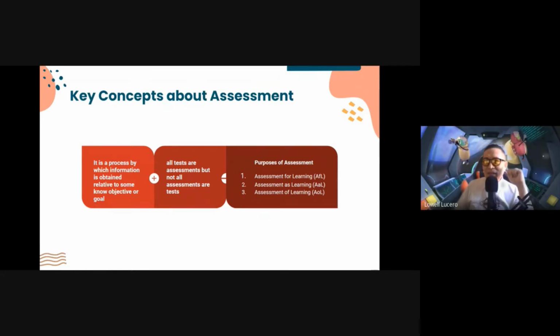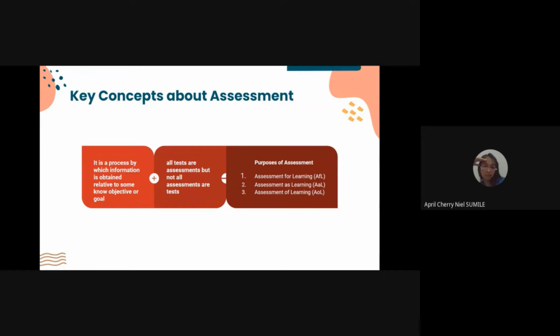Okay. Thank you, Ma'am Mel. Any more? Yes, Ma'am April. You're recognized. For me sir, dili man gud tanan assessment na himuon sa isa ka person matagbo ang imuhang goals bitaw sir ana nga certain topic.